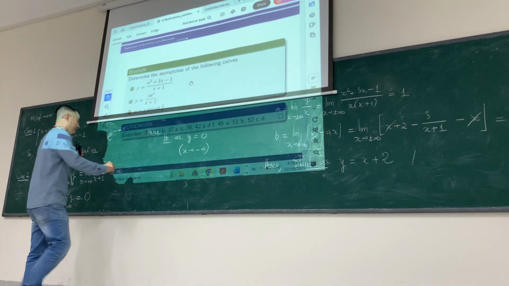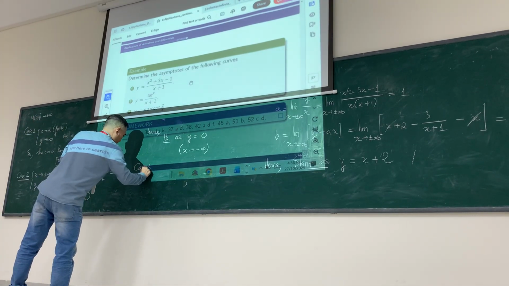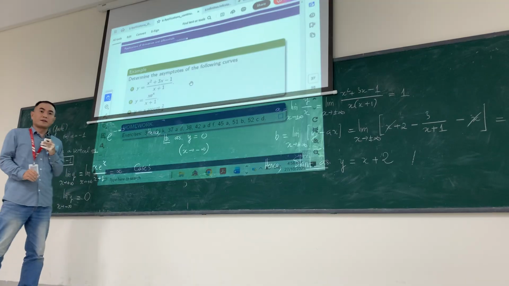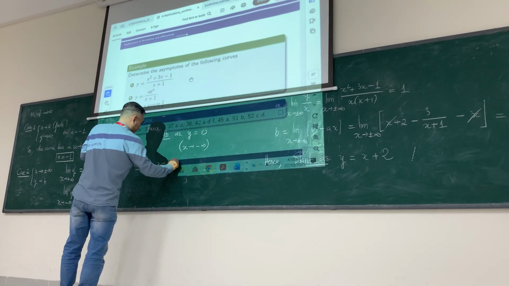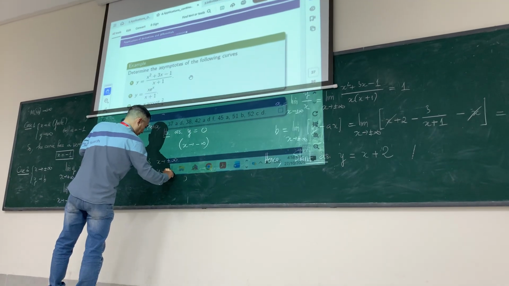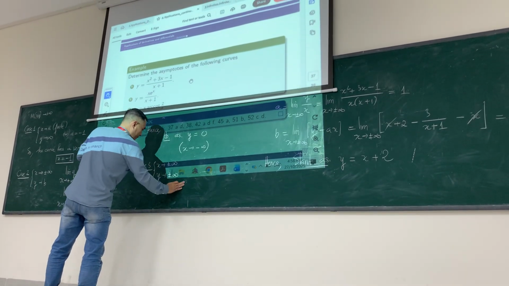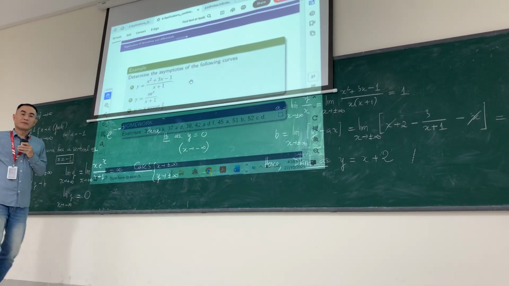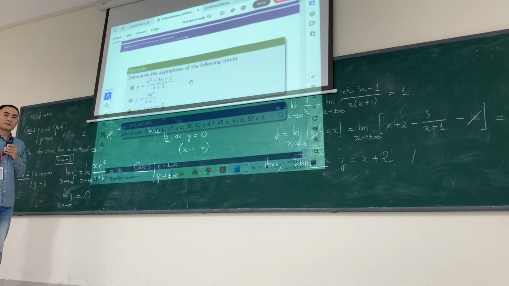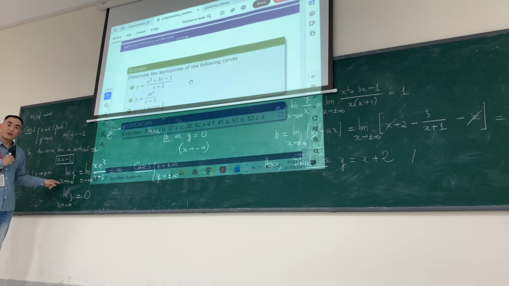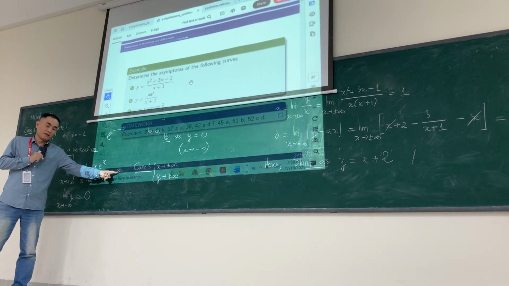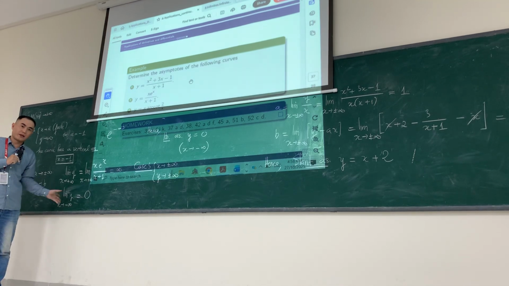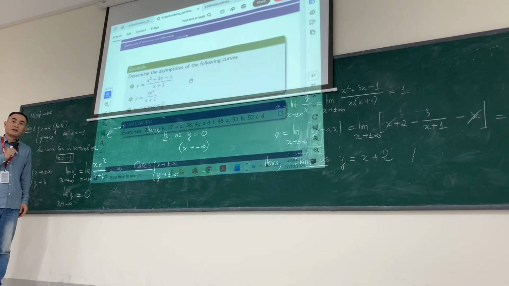Now, to continue, curve 3. x tends to plus or minus infinity, y tends to plus or minus infinity. Okay, I think we have only one. x tends to positive infinity, we have y tends to positive infinity. x tends to negative infinity, y does not tend to infinity.